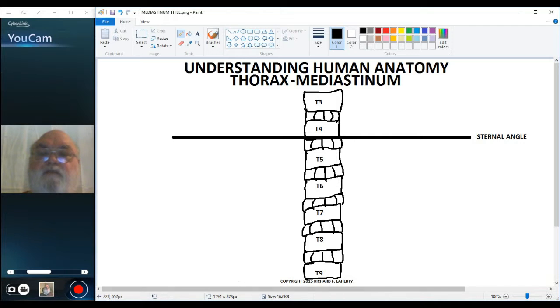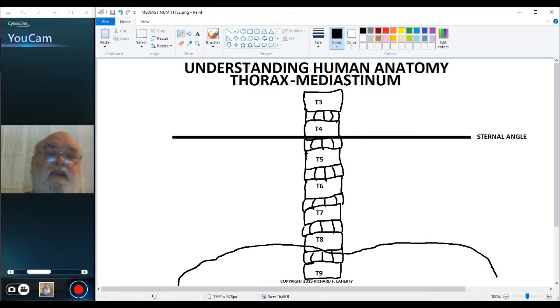And we'll start over here. And we come up to about T8. Then we come down a little bit. Then we come up, back up to T8. And then down.